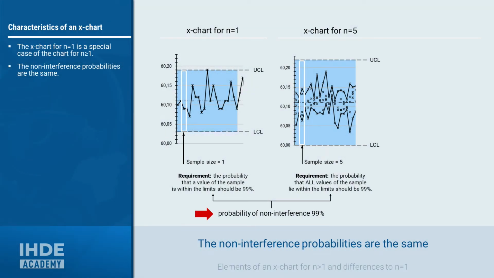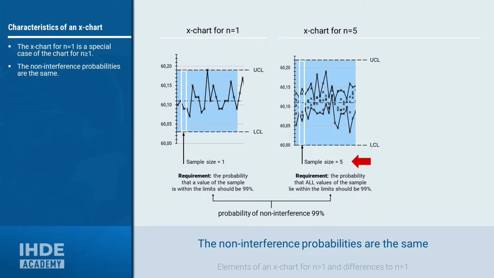A non-interference probability of 99% was set for both control charts. Based on this probability, the control limits were calculated and drawn into the charts. For the left side, this means that the probability is 99% that exactly this one value of the sample is within the limits.